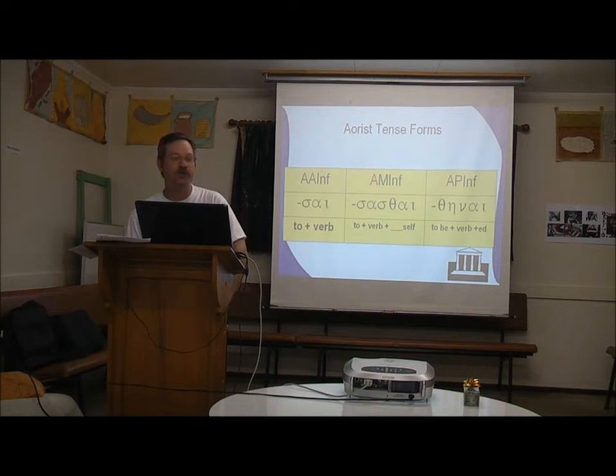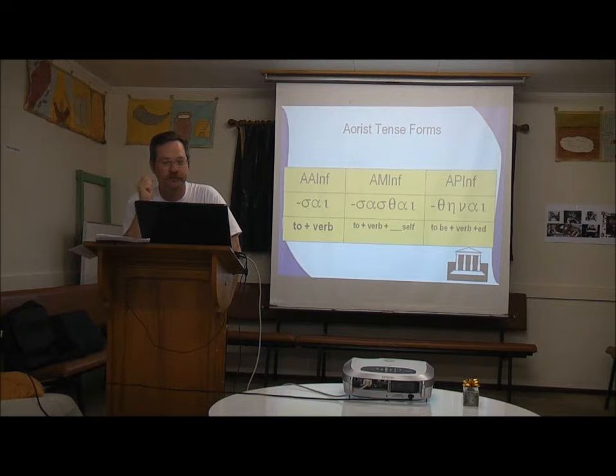Aorist tense forms are simpler in translation, and the endings have that prominent tense sign, either the sigma or the sigma with the theta. Psi, sestai, and thena. These are the endings for the aorist.